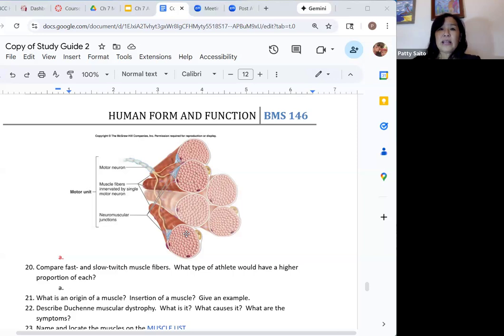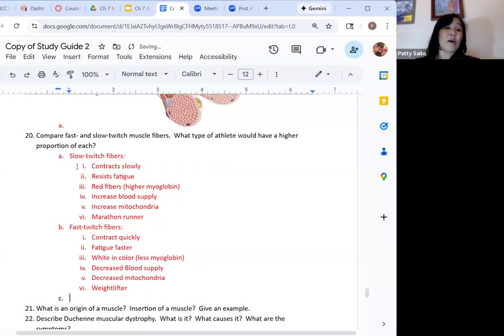They vary in their characteristics. And so there are several different types of muscle fibers. Okay, so here they are. There are slow twitch fibers and fast twitch fibers.